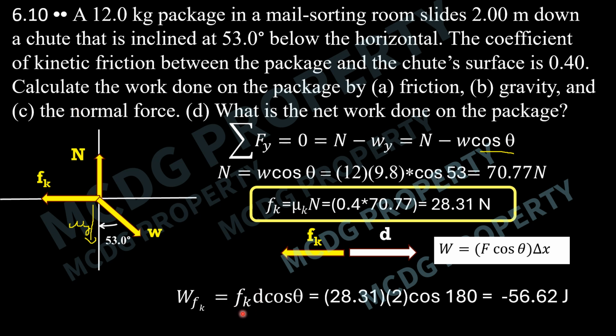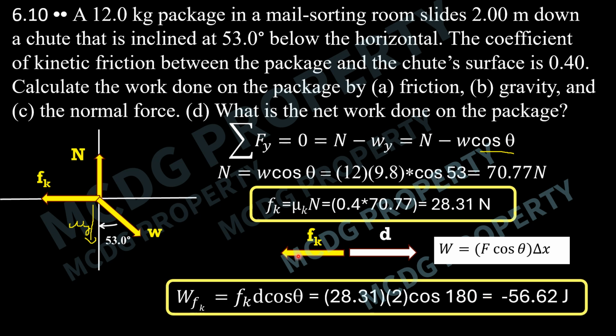Friction is 28.31 times the magnitude of the displacement, d is 2, cosine 180 degrees. Hence, the frictional force does negative 56.62 joules of work.